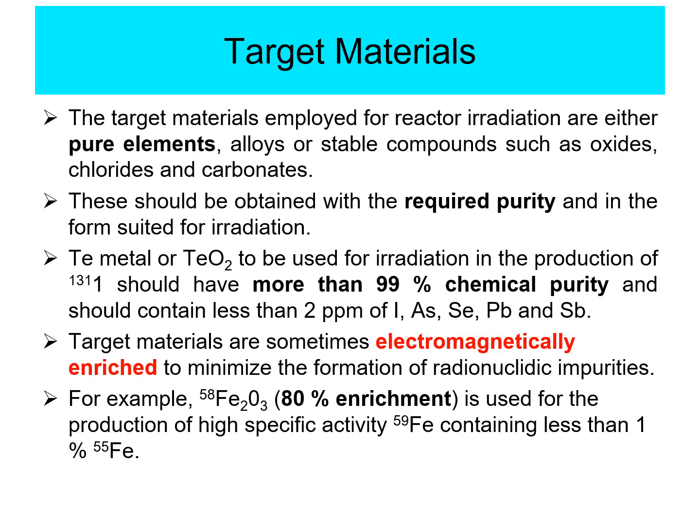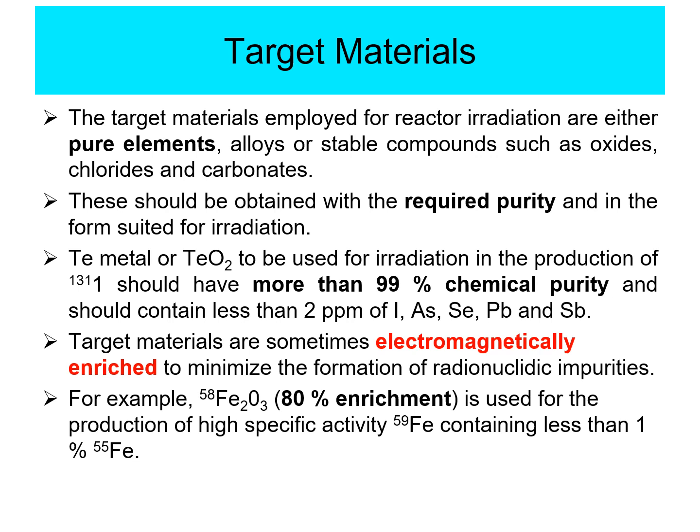As for the target materials, either for reactor produced radionuclides or for those produced using the cyclotron, there are some parameters that you need to consider. The target materials that are employed for reactor irradiation need to be in their pure elements. This should be obtained with the required purity.